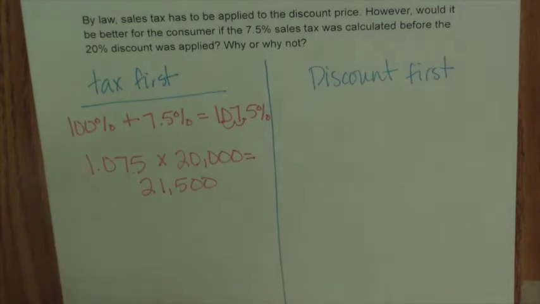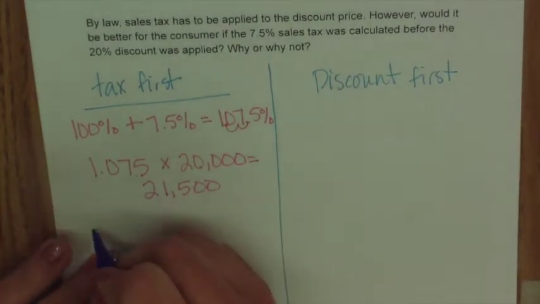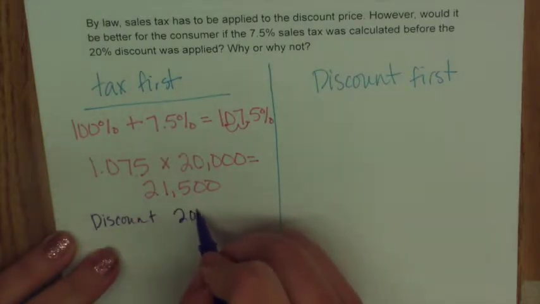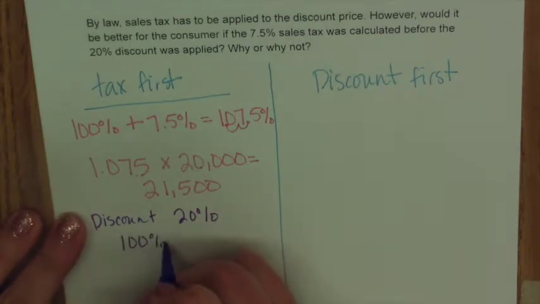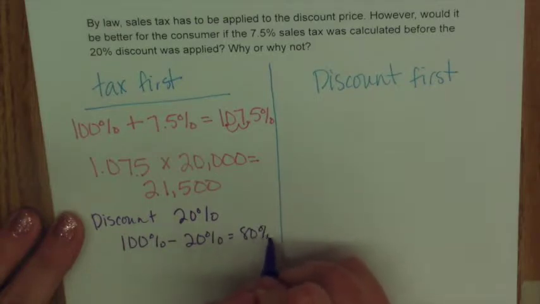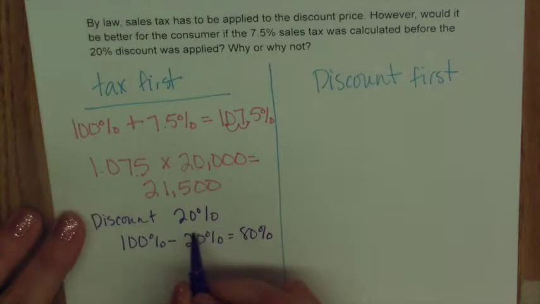$21,500. All right, so now let's apply the discount, which was 20%. That's what we found on our last question. So if we have a discount of 20%, that leaves us paying 80%. So if we paid all of it, it would be 100 minus the discount. So this is what we are paying of the price.